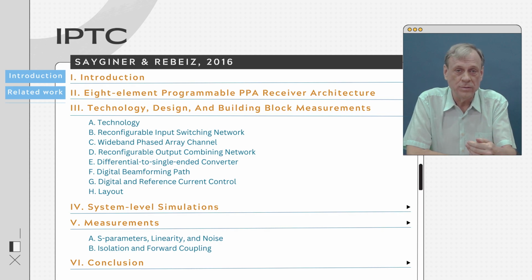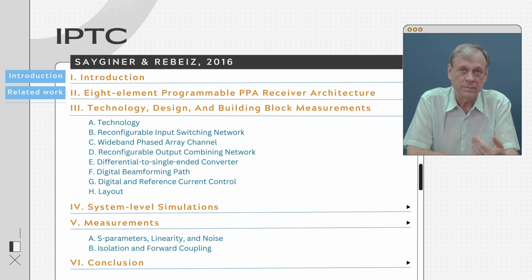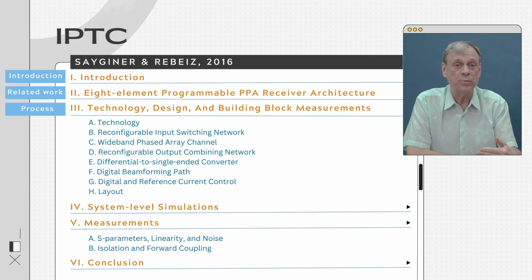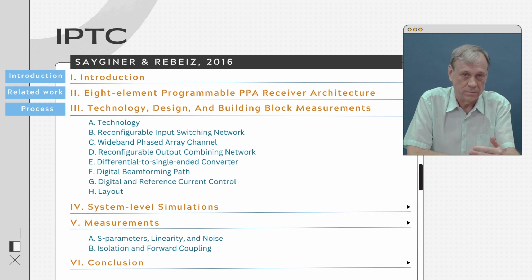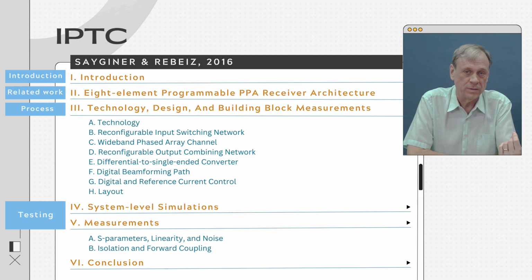And then the third section about design talks about the process of designing different parts of this system. And then in the fourth section and the fifth section, it talks about first the computer simulation and then measurements on a prototype of the design. And then you have a conclusion.